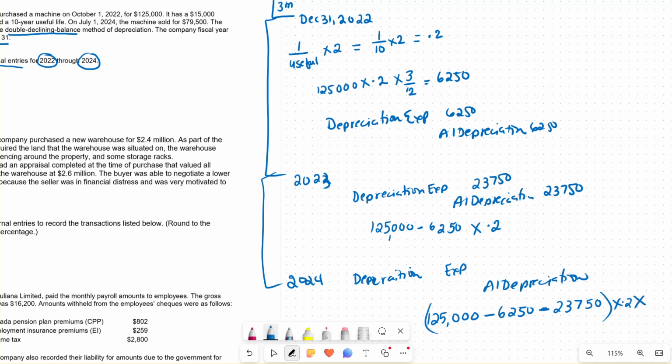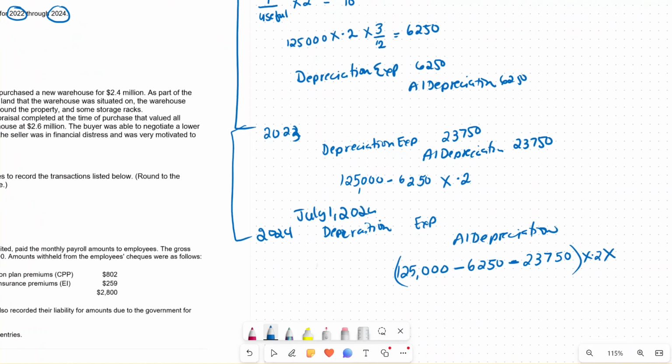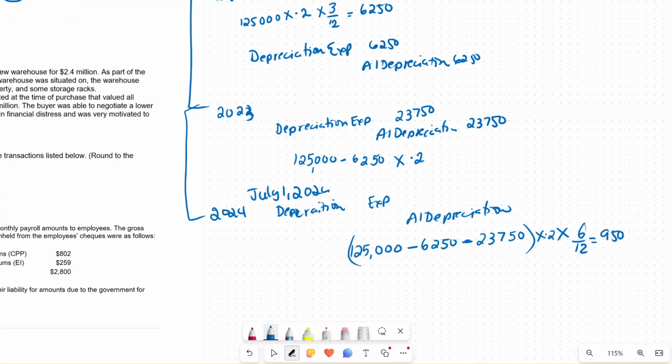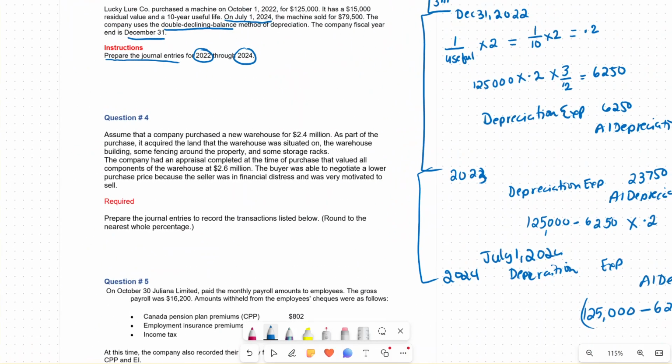I sold it on July 1st, so this is not a full year. So we only do it for 6 over 12, and that will give me 9,500.